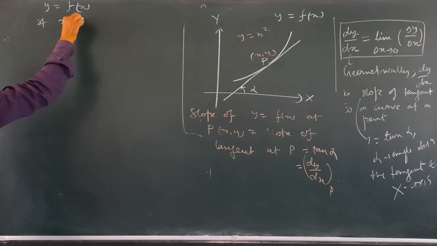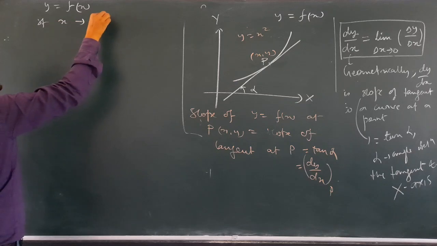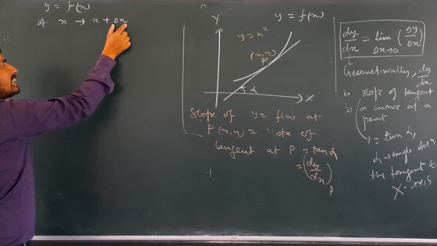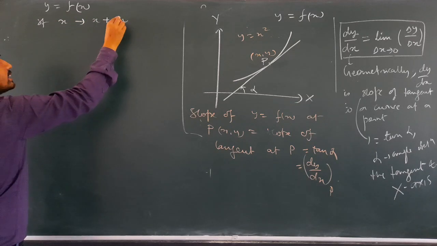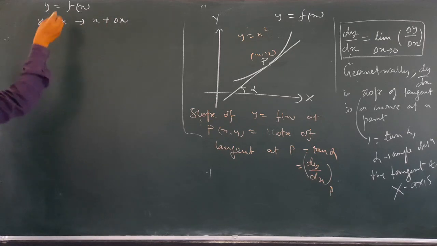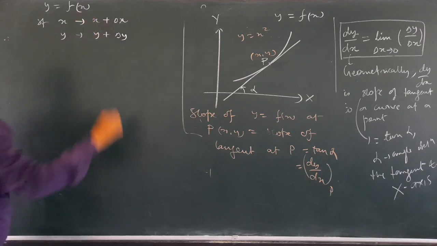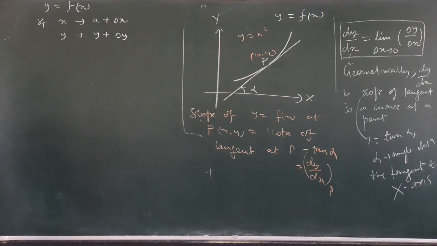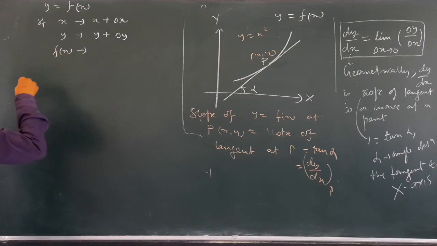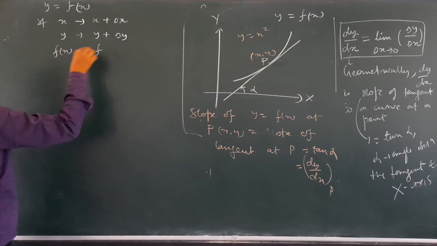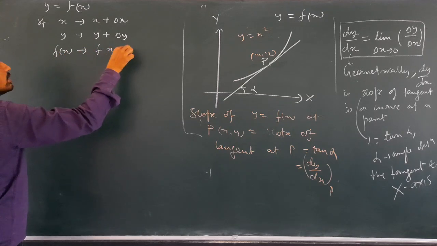If x changes from x to x plus delta x, so delta x is a small increment in x, then y will also change from y to y plus delta y. Instead of y, we can write f(x). So f(x) will change from f(x) to f(x plus delta x).